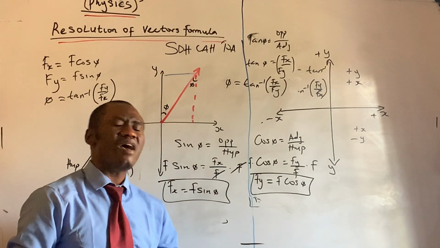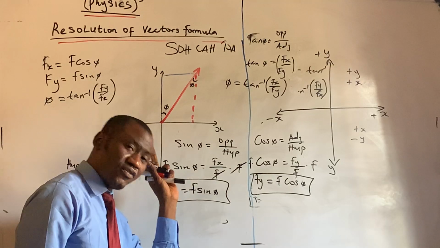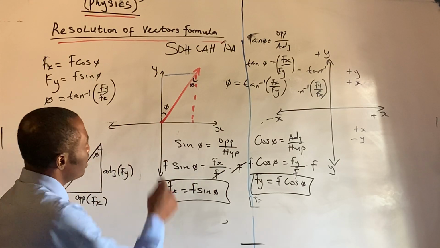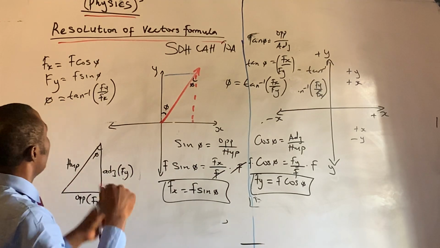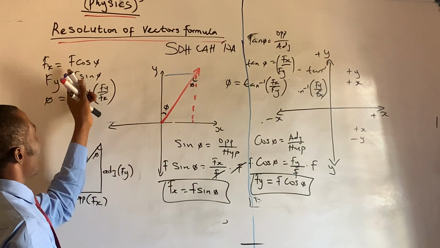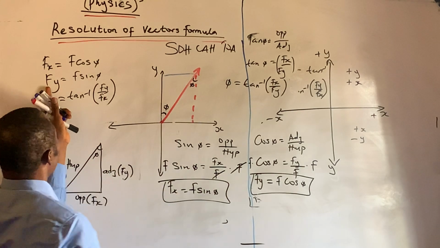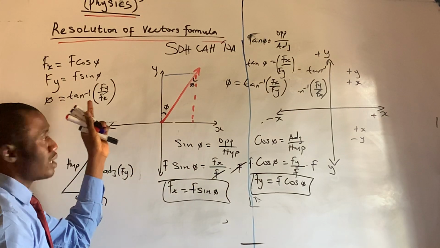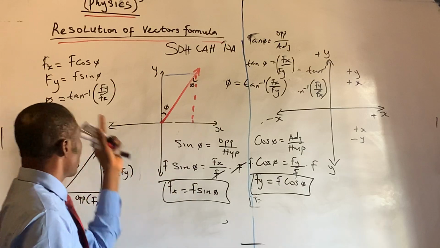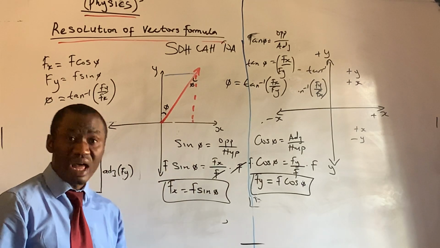So you be careful whenever you are solving for the vertical component. If the angle of inclination is towards here, the horizontal component is f of x, f cos theta. Then over here, the vertical component is f of y, f sine theta. Then of course, the direction, tan inverse of f of y over f of x.